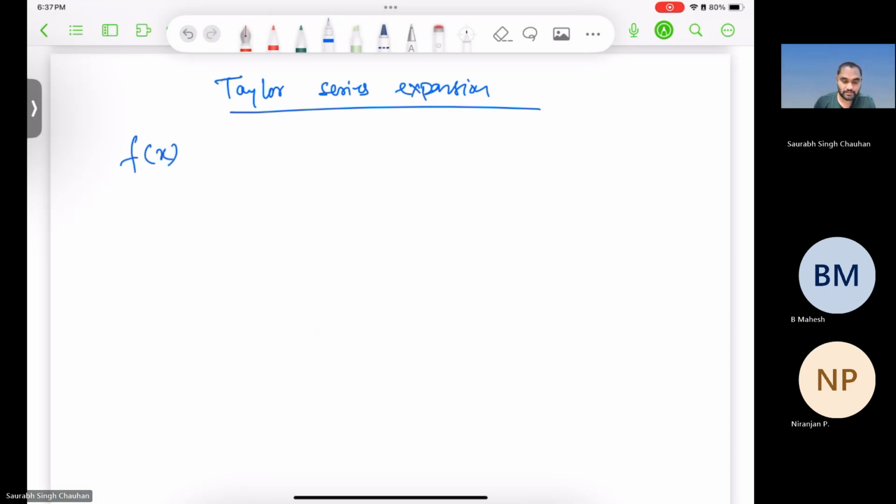The value of this function at point x can be written as some polynomial: a naught is some constant, plus a1 x plus a2 x square plus a3 x cube and so on. So we are writing this function as an expansion in the form of a polynomial at point x.